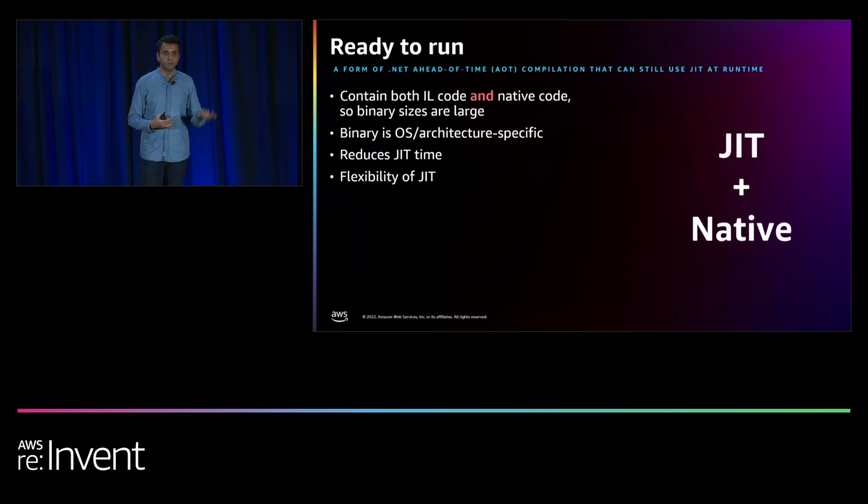So when you load the binary from the disk into memory, that takes time for the ReadyToRun binary. There are certain flexibilities, obviously, because you have IL code and an opportunity to do runtime compilation into native code. So the dependency and reflection problems that you see in native AOT, you don't see so much in ReadyToRun.